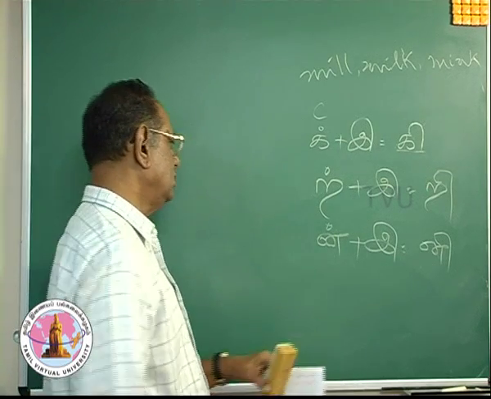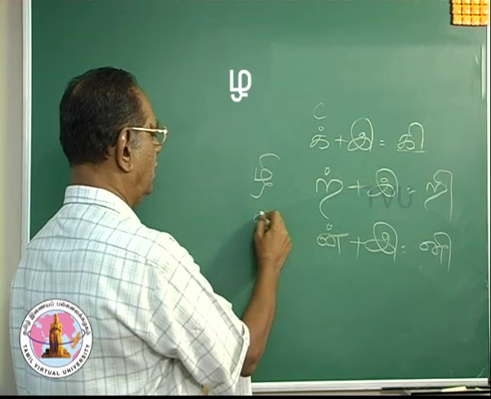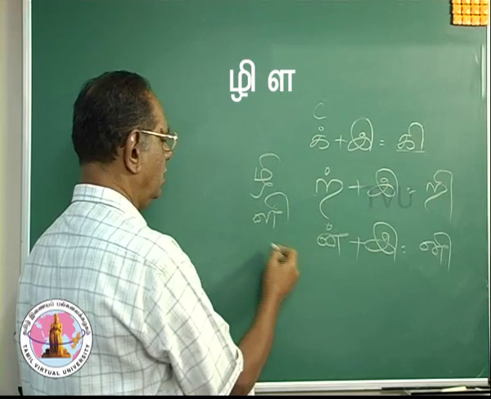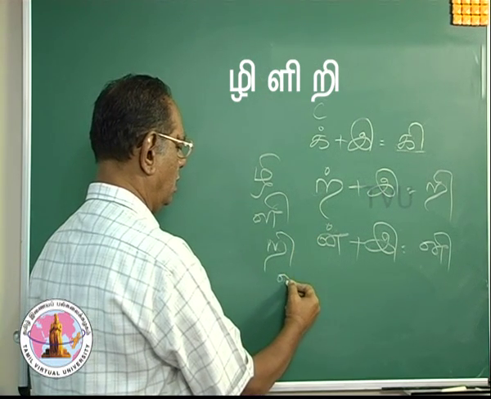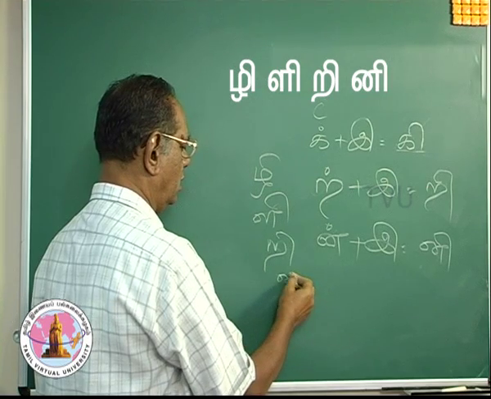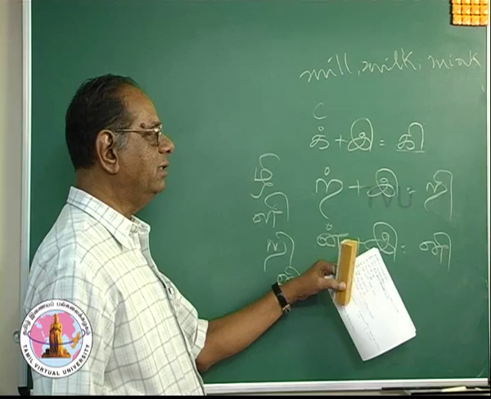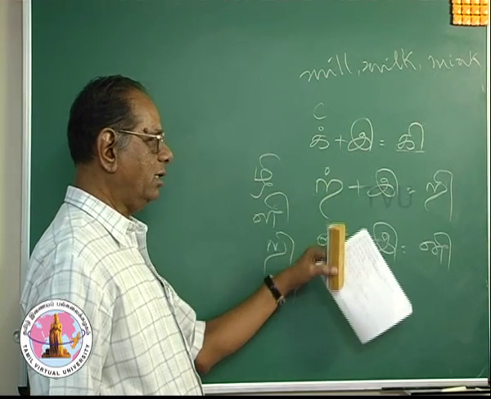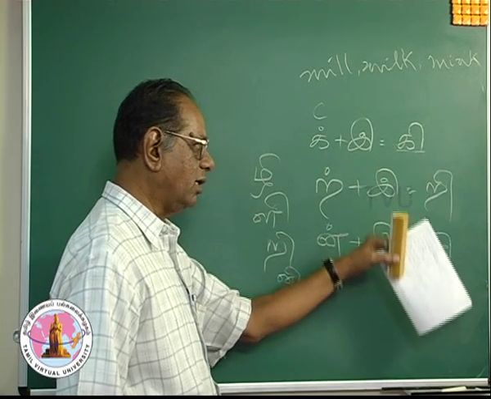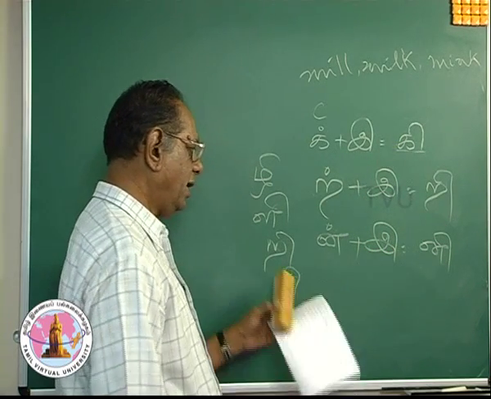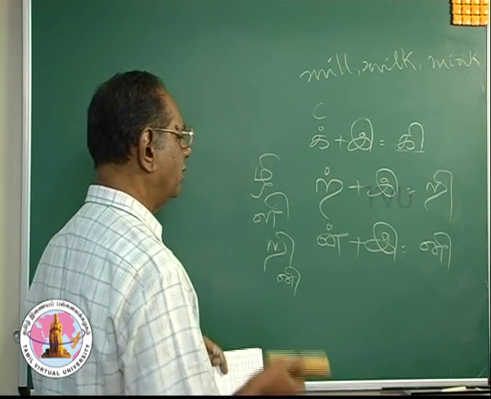Now, I would like to suggest again that these li, ri and ni are at the end of the consonants. Naturally, they are at the end of the consonantal vowels and they occur only in the middle or at the end of a Tamil word.